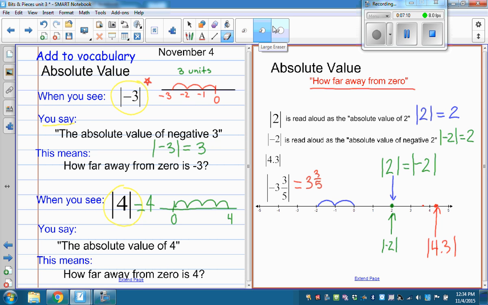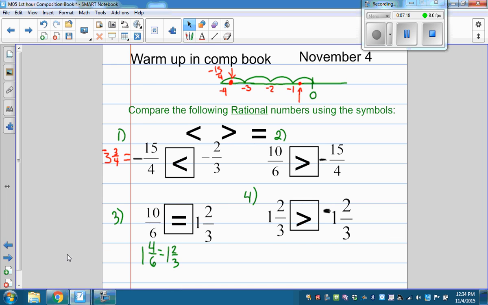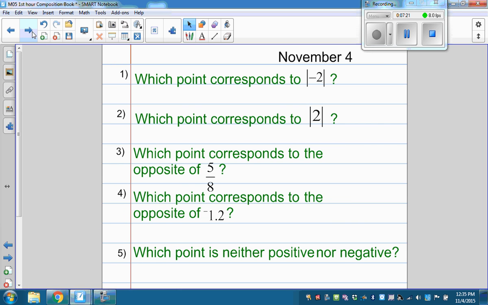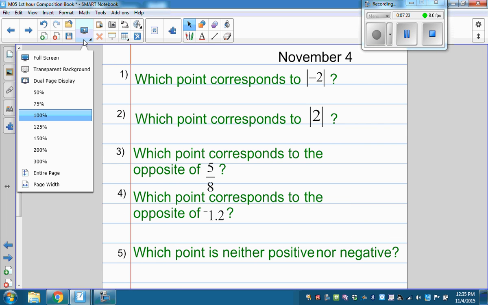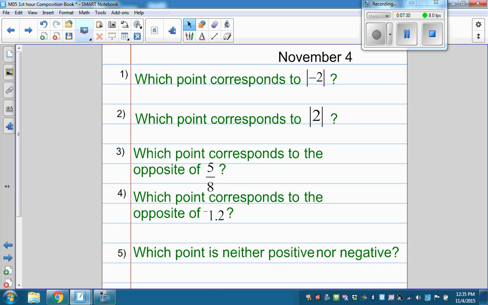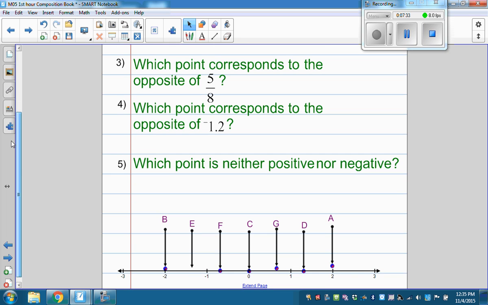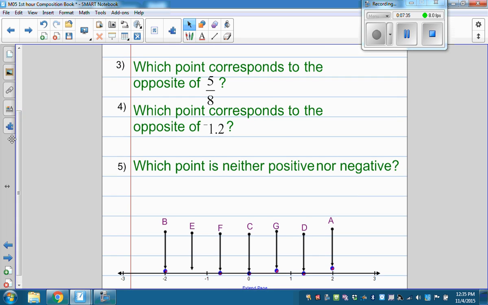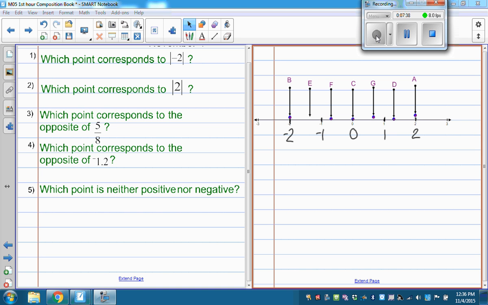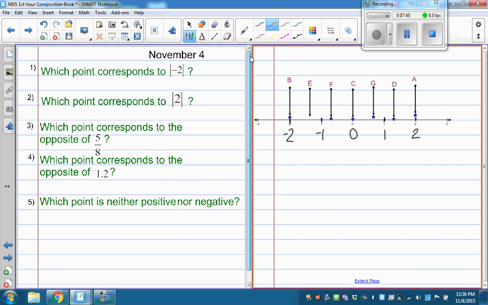So one example that I did today in our comp book was, after we talked about the vocabulary, we just looked at what points correspond to what spot on this number line down here. I'm going to pause this and split this up. So what you might see in your questions is something more along the lines of these.